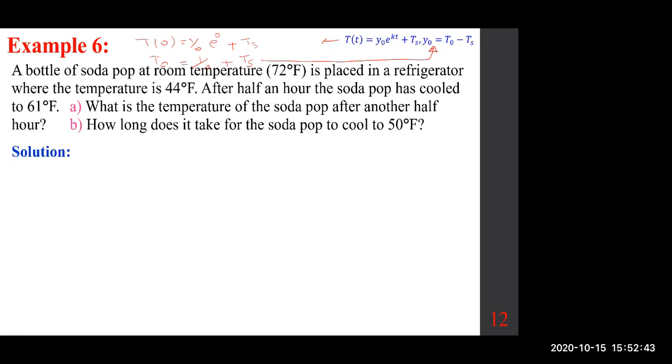So I hope you see, in essence, the proof as to why y sub 0 is always the difference in temperatures. Okay? Class, y of 0 and y sub 0, they refer to the same thing, the initial y. T sub 0 and T of 0 mean the same thing.